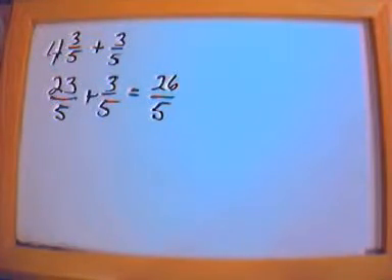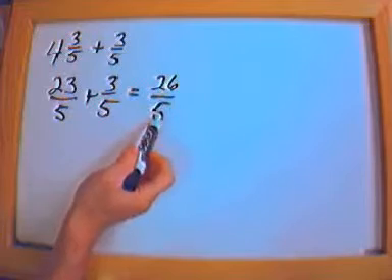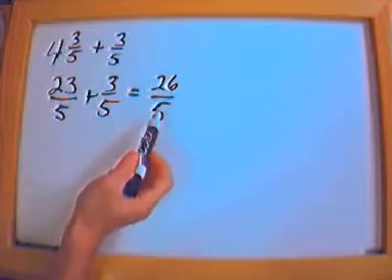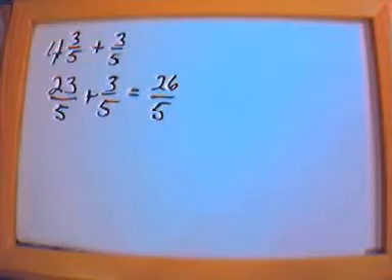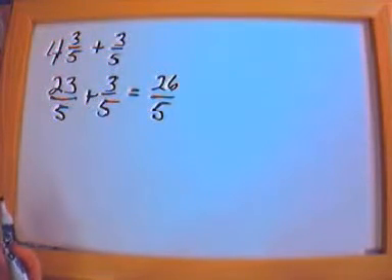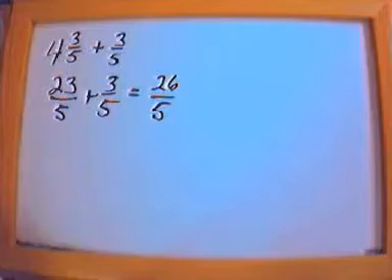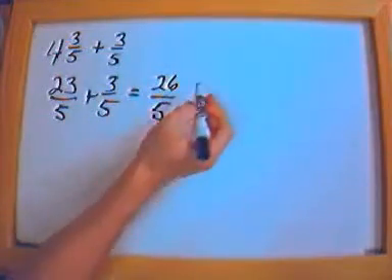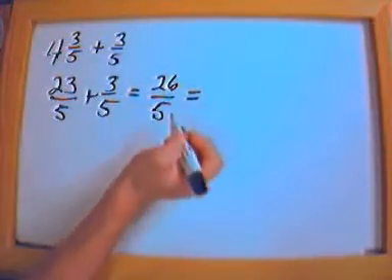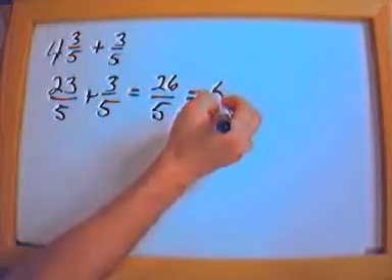Now that's the answer. You can keep that as the answer, but if you want to convert this back to a mixed fraction, all you have to do is say, well, how many times will 5 go into 26? Well, 5 times 4 is 20. 5 times 5 is 25. 5 times 6 is 30. And 30 is definitely greater. So this 5 can only go into 26 5 full times.